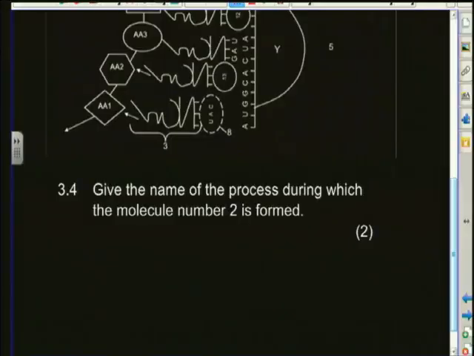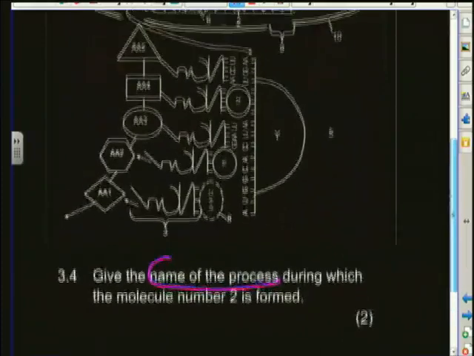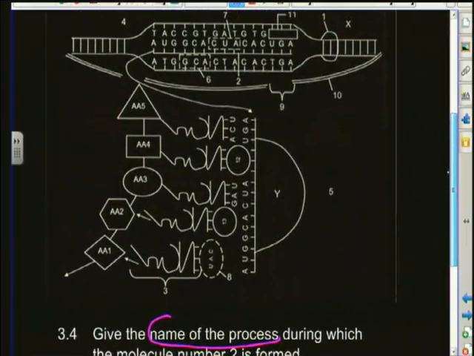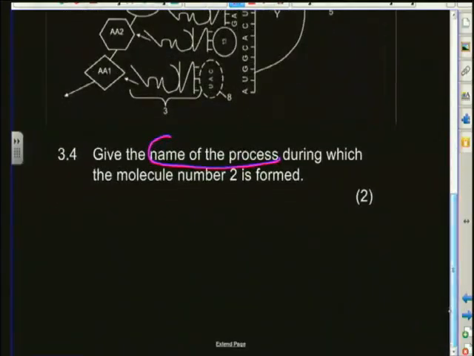Question number 3.4. Give the name of the process during which the molecule number 2 is formed. Now, if we have a look, where is number 2? Molecule number 2 is mRNA. All right. What is the process called whereby I make mRNA?